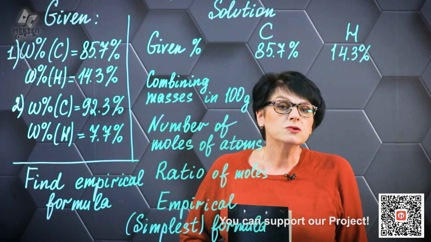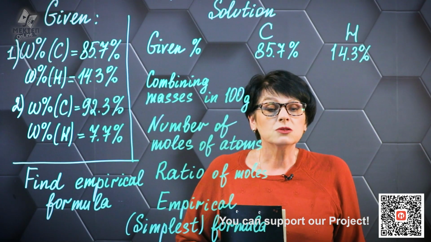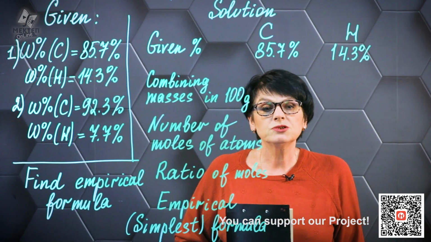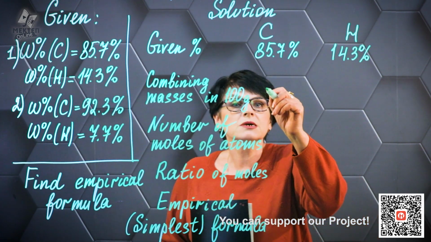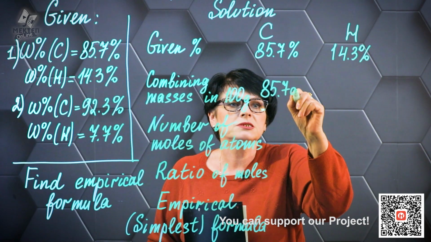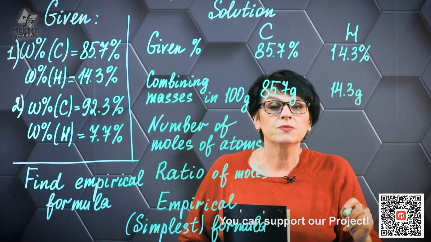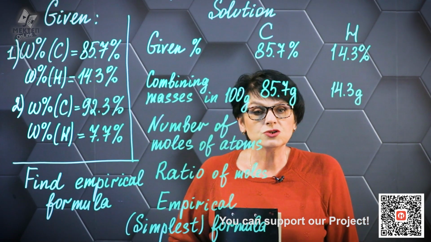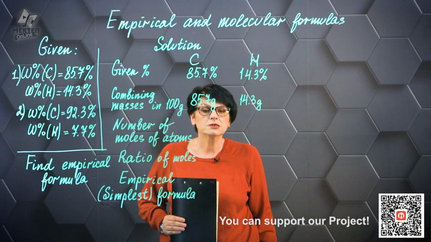What do we do next? We cannot work in percentages, so a conversion to grams is required. For this we say, let our substance weigh 100%, which equals 100 grams. Then the share of carbon will be 85.7 grams, and the share of hydrogen will be 14.3 grams. I hope this transition is clear to everyone. The next step will allow us to find the number of moles of each of these elements.